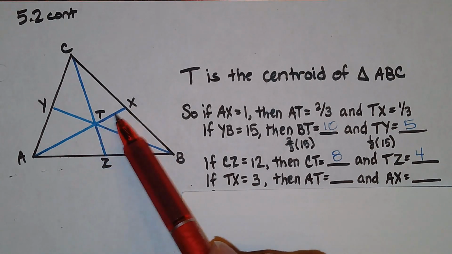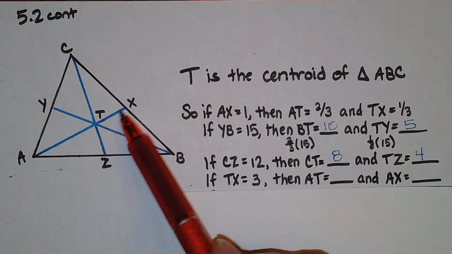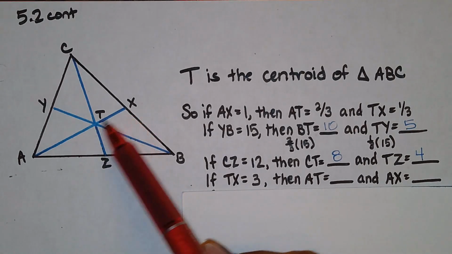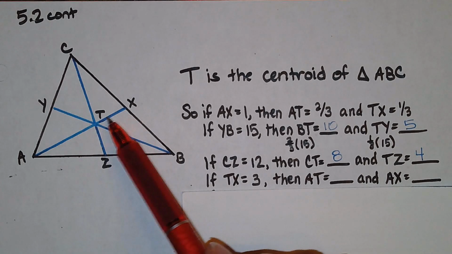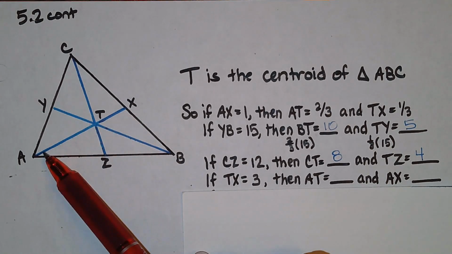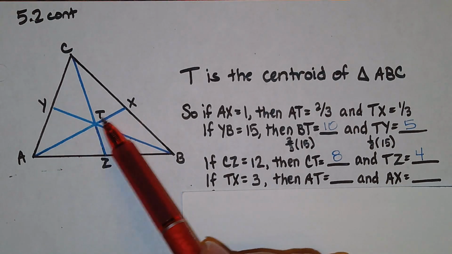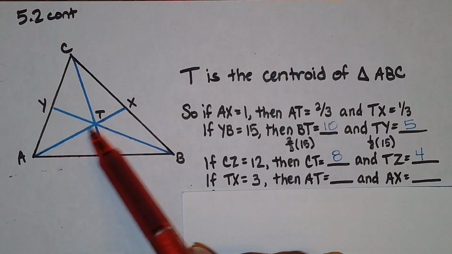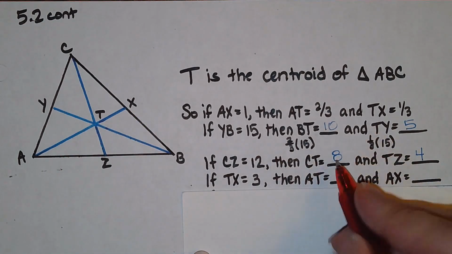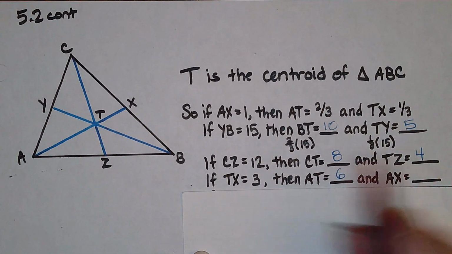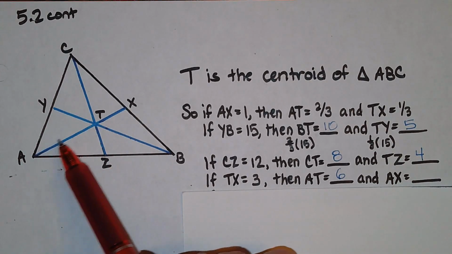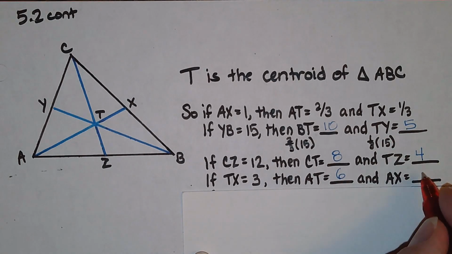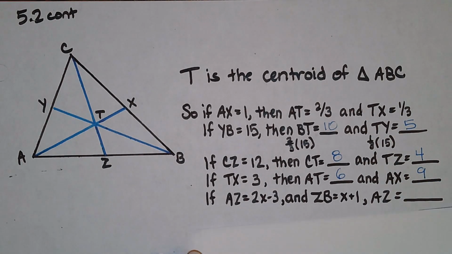The longer part is going to be twice as big as the shorter part, because this is 1/3 and this is 2/3. If this is 3, this is double it, so AT is going to be 6. And if this part is 3 and this is 6, then the whole segment altogether will be 9. All right, and I've got one more here.